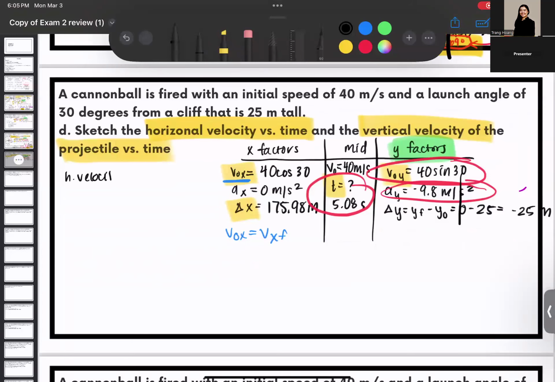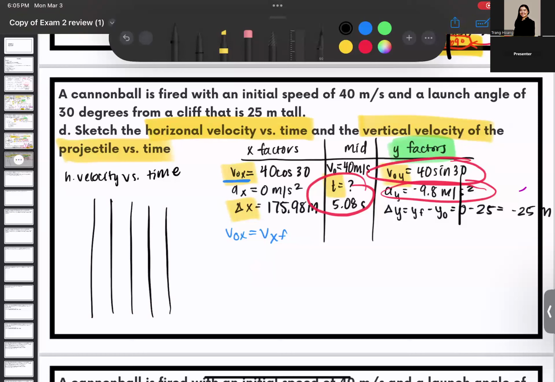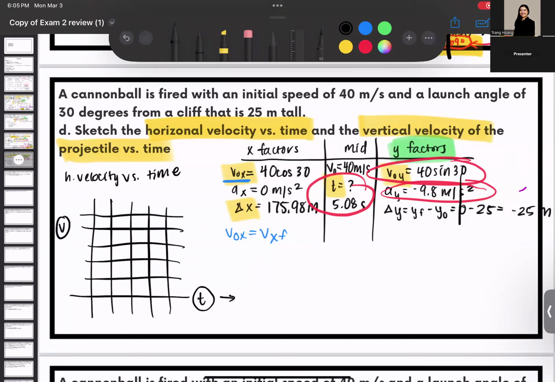We have a graph, and it'll look kind of crazy, like a lot of lines, just a grid, and you kind of have to figure out what these values are yourself. I think generally that's what she does. So this is velocity over here, and this is time, right? Time is this way, velocity is up and down. And not just any kind of velocity, horizontal velocity.